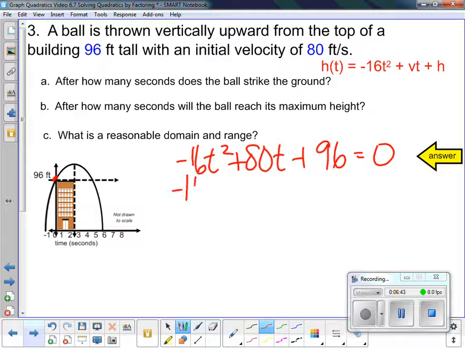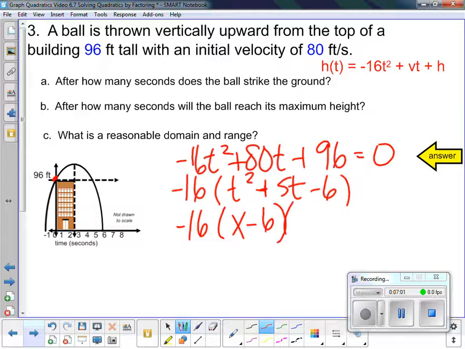We're going to factor out the negative 16 and get t squared plus 5t minus 6.